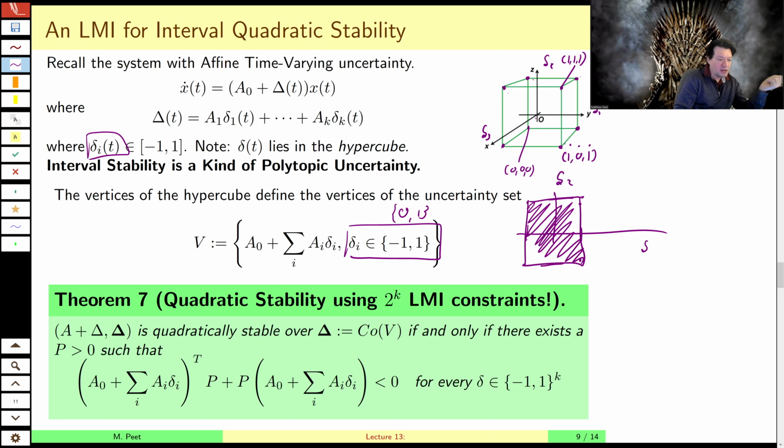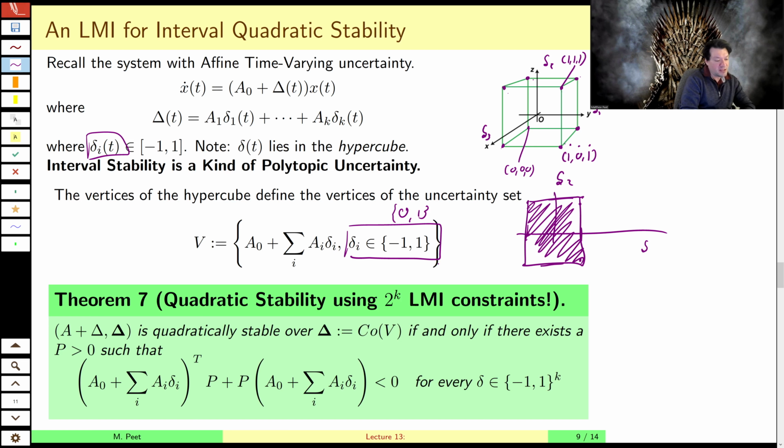So the hypercube, or the interval uncertainty case, is actually a special case of polytopic uncertainty. In the general polytope case, the number of vertices might be given by, say, the number of measurements.